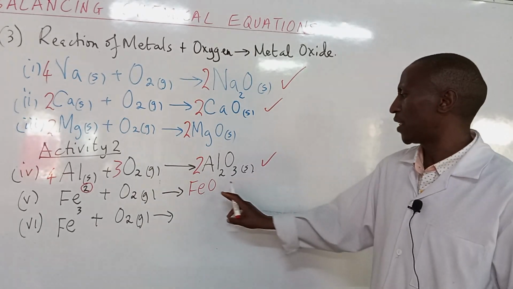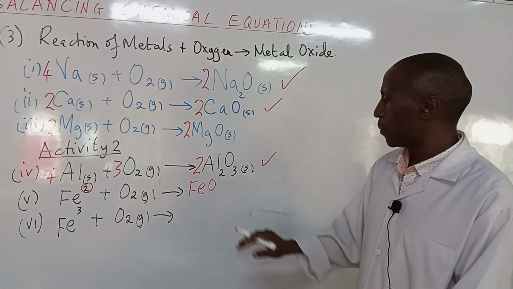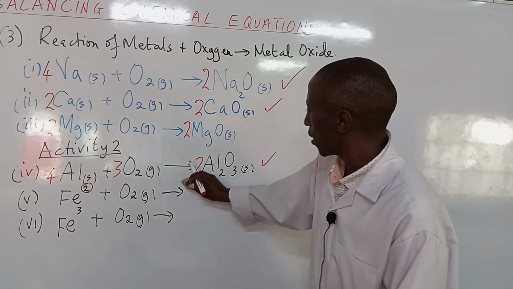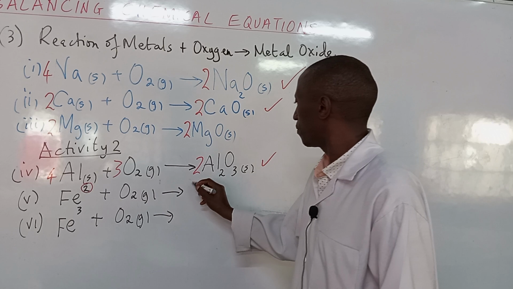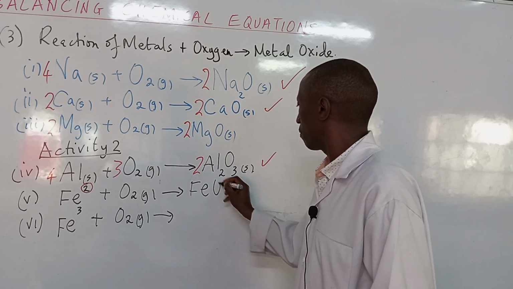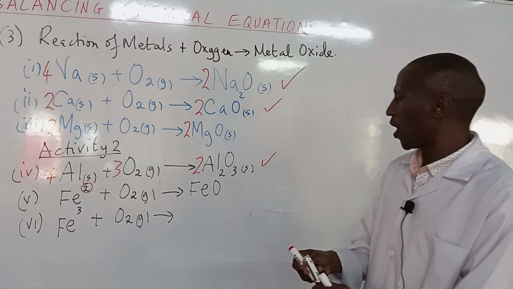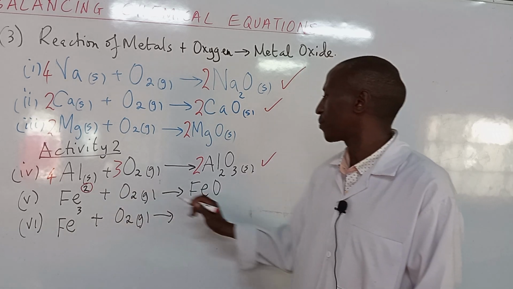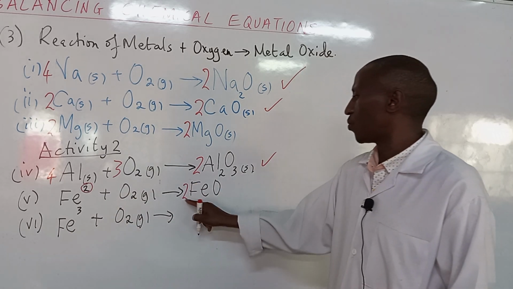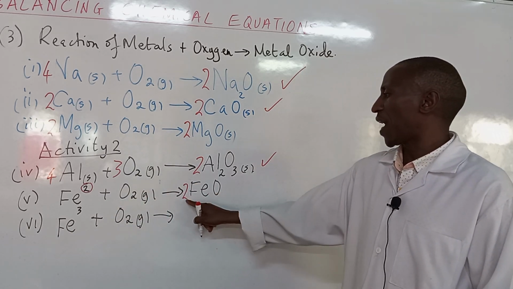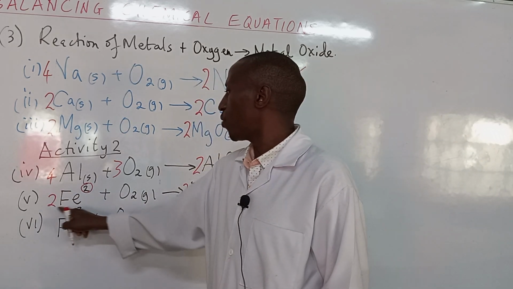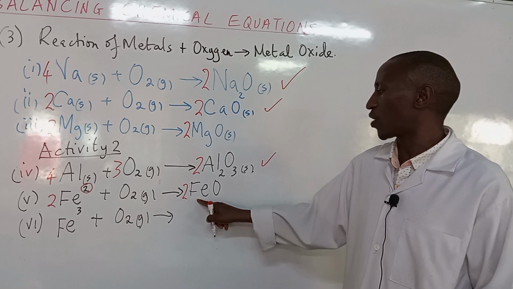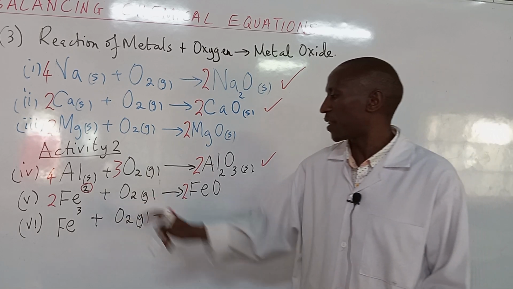Then we do the balancing. 2 atoms of iron. So we have 2 atoms of oxygen. We bring in a 2 and 2. The iron are 2 atoms, so we bring in 2. So 2 atoms of iron, 2 atoms of iron, 2 of oxygen, and that's balanced.